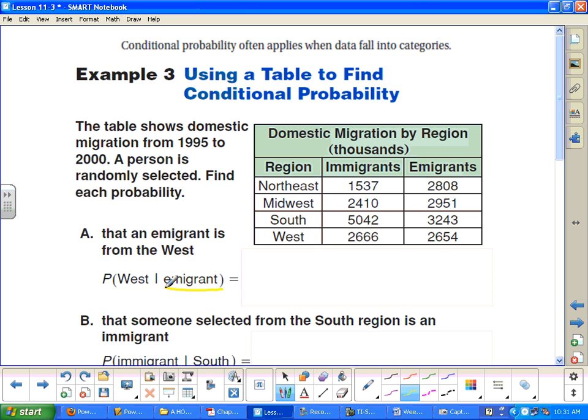How many immigrants are there? 11,656. So my denominator here is 11,656. And how many of them are from the West? 2,654.